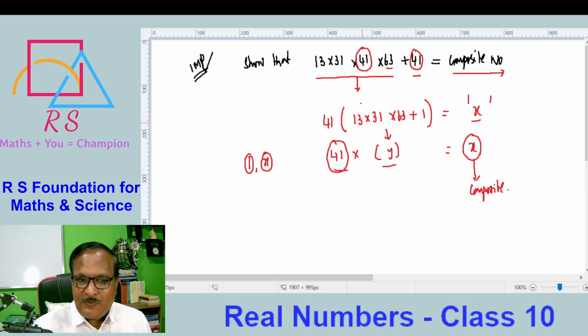Okay, because we are taking 41 as a factor, 41 is one factor. 1 is a factor for all the numbers, and x itself is a factor, and besides these two, 41 is also one more factor. Whether y is a prime number or composite number, it makes no difference. As we have already got an extra factor 41, therefore it is a composite number.